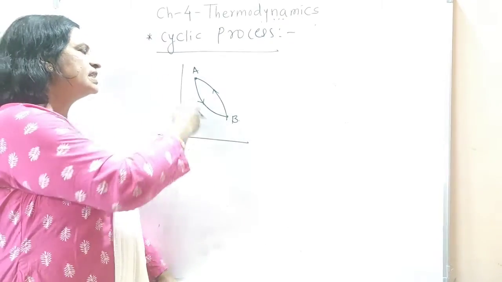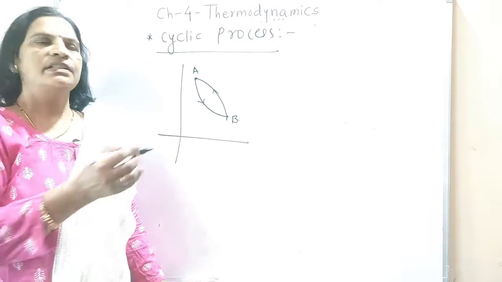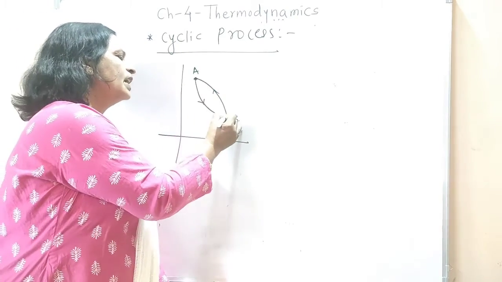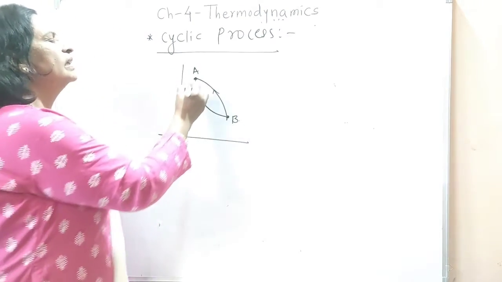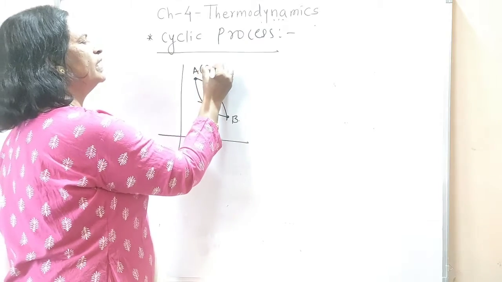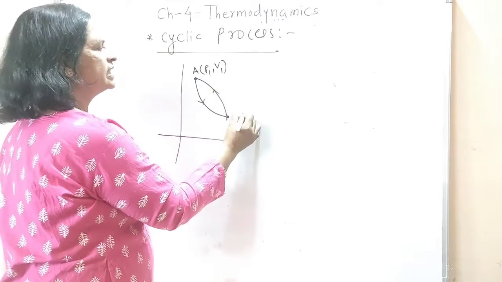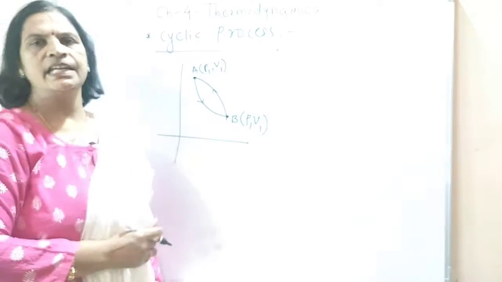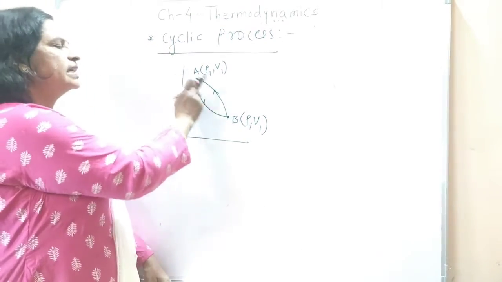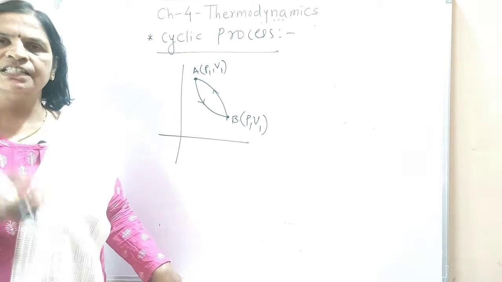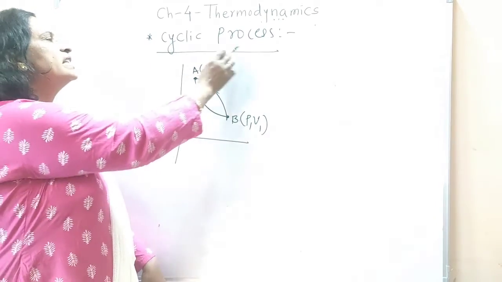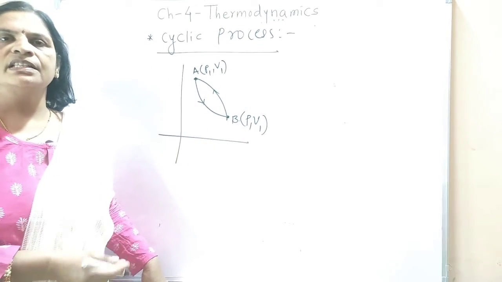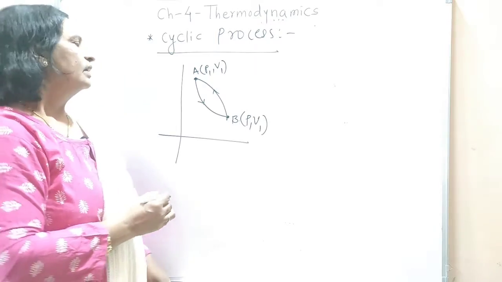Though some changes in the system are there, the initial state and final state of the system are the same. Suppose P1 V1 is the initial state, and again P1 V1 is the final state. Means if the initial state and final state of the system are the same, then we can say that the process is a cyclic process. Okay.